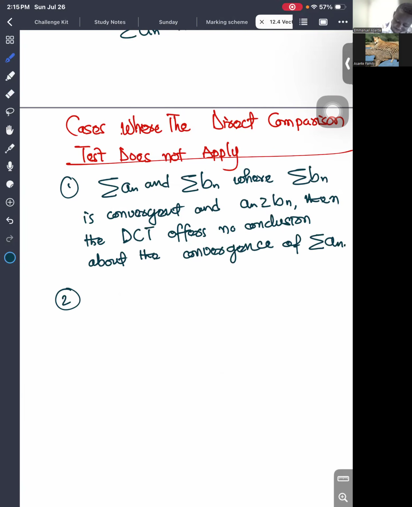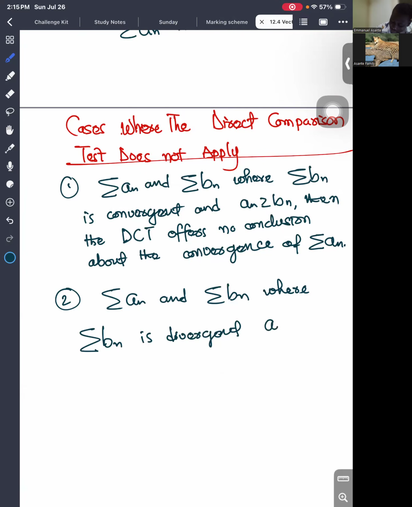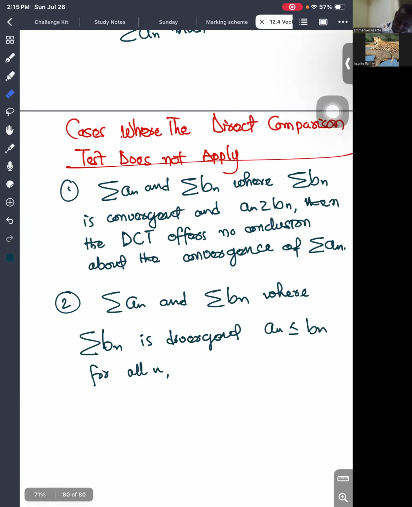And the second one is, if I consider two series again, sigma An and sigma Bn, where sigma Bn is divergent and An is less than or equal to Bn for all n, then again you have the same statement.